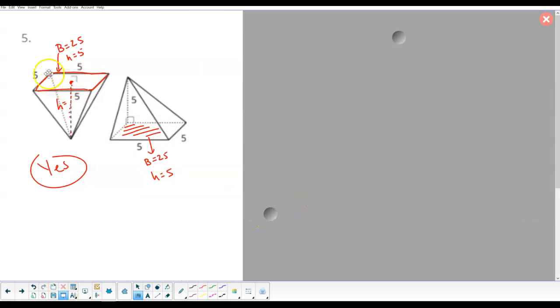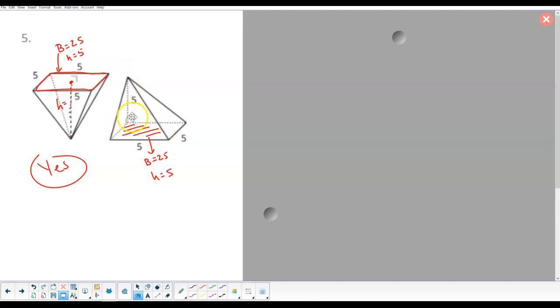So notice the base for the, actually this is a rectangular pyramid. The base is 5 by 5, which is 25, and the height is the distance from the base to the apex at a perpendicular. So that height is 5. And this one's kind of an oddly shaped rectangular pyramid.